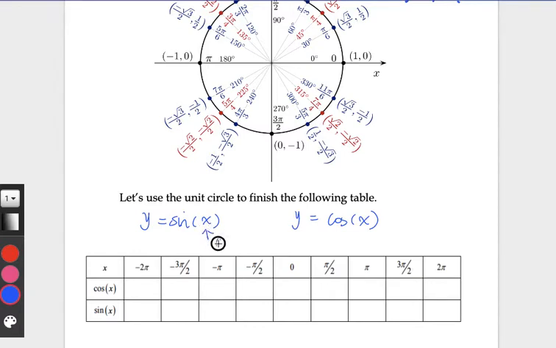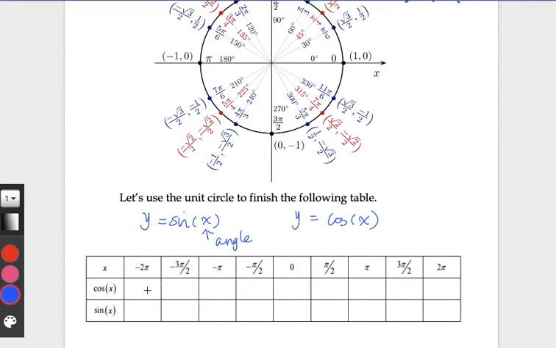The x here stands for the angle, and y is the value of sine x, just like what we did last time: sine 30 degrees is what, sine 90 degrees is what. We're going to use this unit circle to finish the table first, and then we are going to plot these points on the graph, so we'll see the basic structure of both functions.